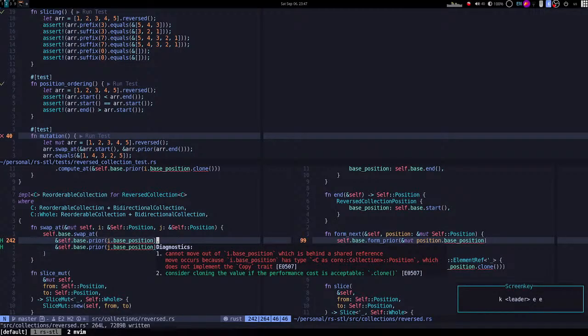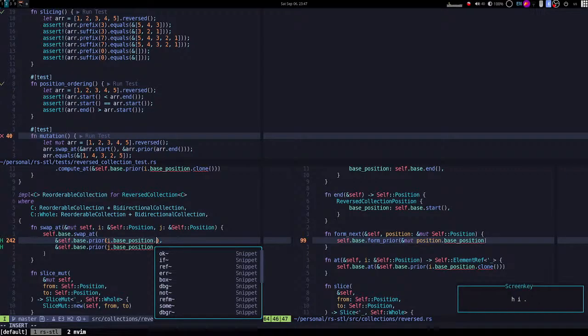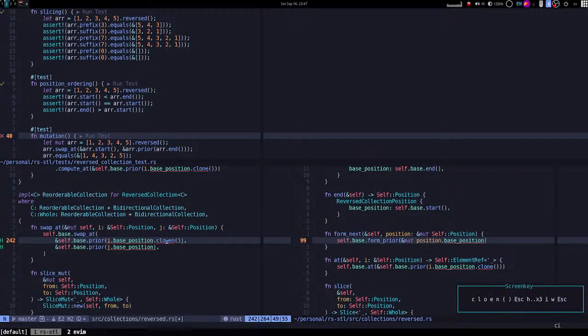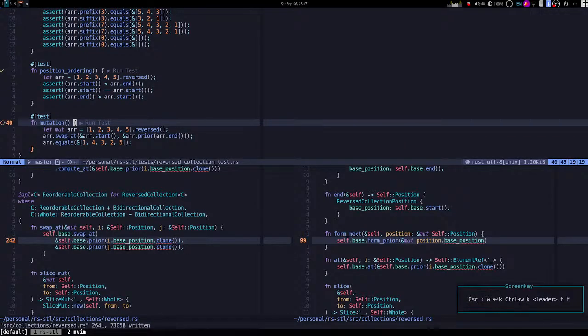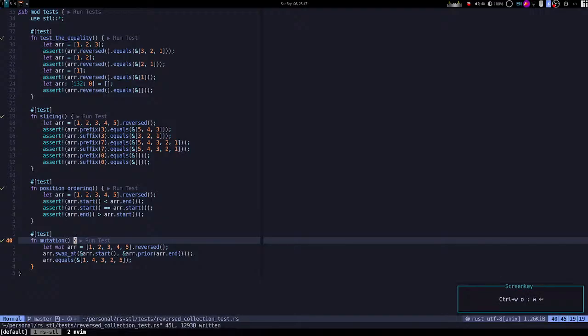What's the problem? Cannot move behind the shared reference. Okay. As does not implement copy. So make it clone. Who cares? And now it should work, right? So that is something I should call reordering.